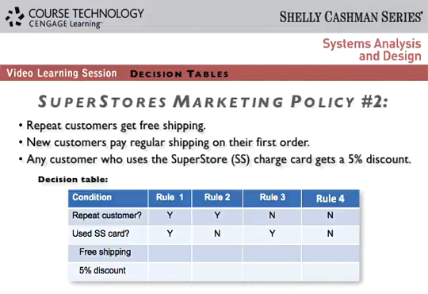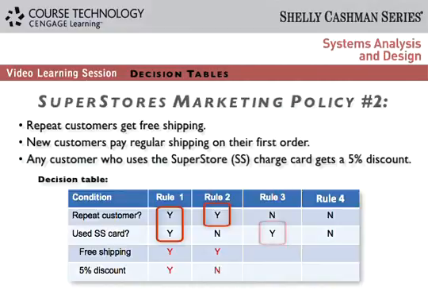We can use the yes-no patterns to display every combination. In Rule 1, a repeat customer who uses the Superstore card gets free shipping and a discount. In Rule 2, a repeat customer who doesn't use the card only gets free shipping.